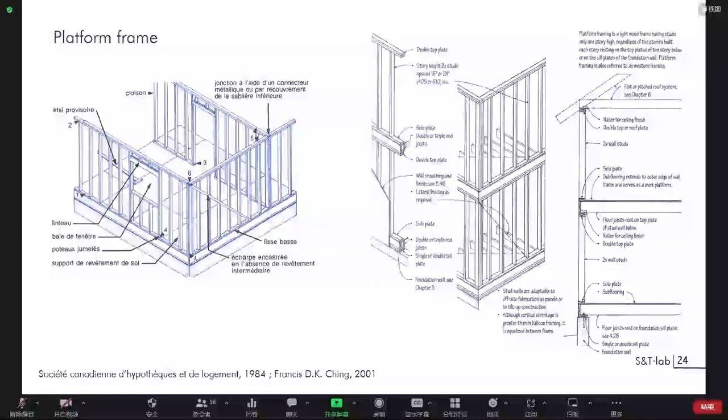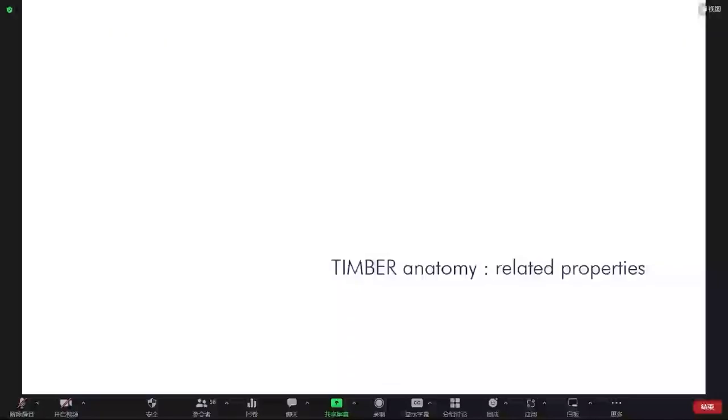And that will drive other developments. Of course, this system won't enable you to go very high, and we'll have a look at the strategy that will be developed for higher buildings also.